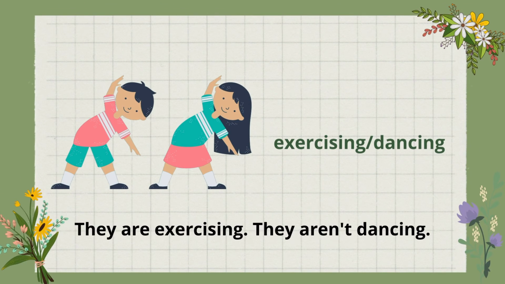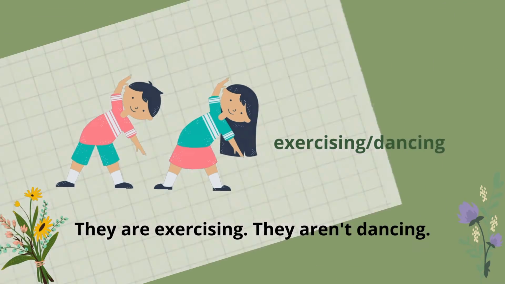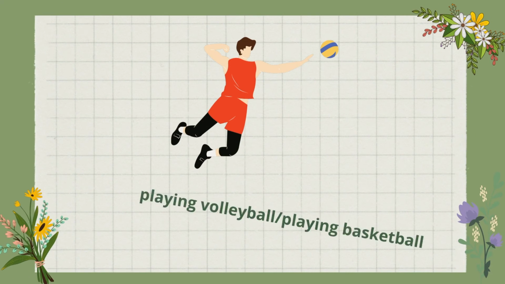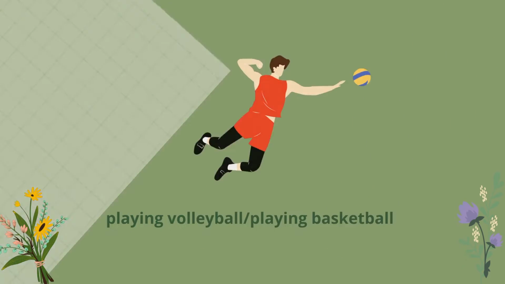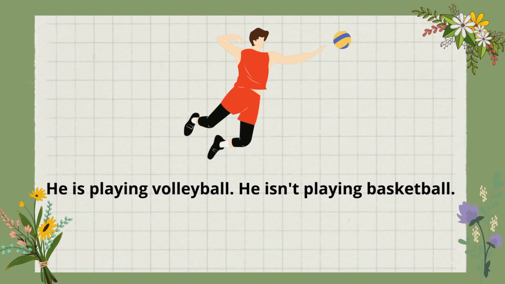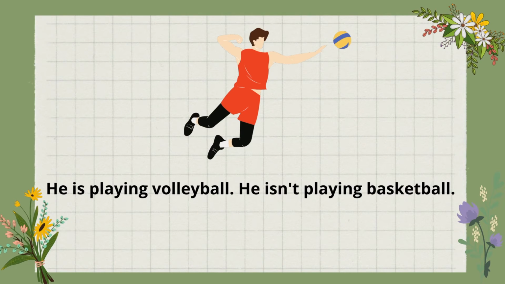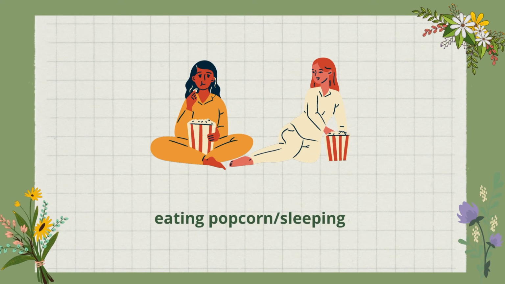For example, they are exercising, they aren't dancing. Now look at the picture carefully. The verbs are playing volleyball, playing basketball. The answer is, he is playing volleyball, he isn't playing basketball.